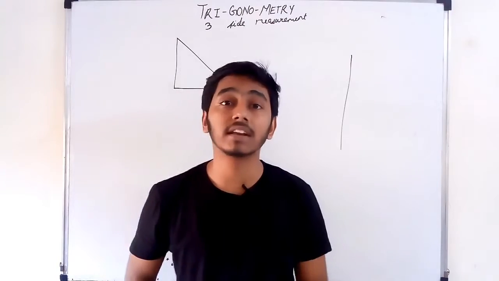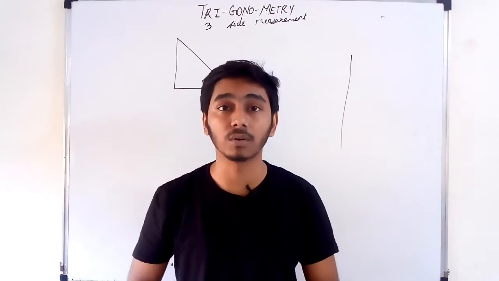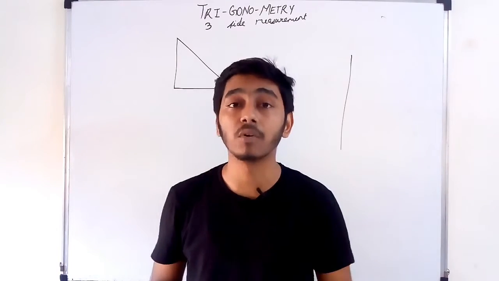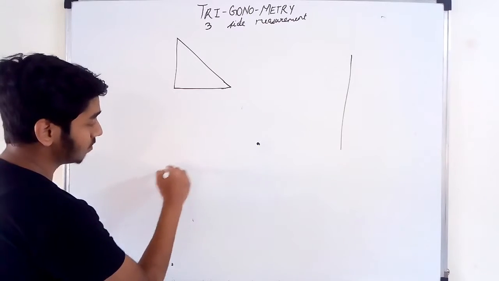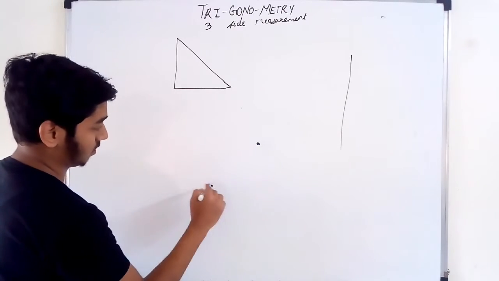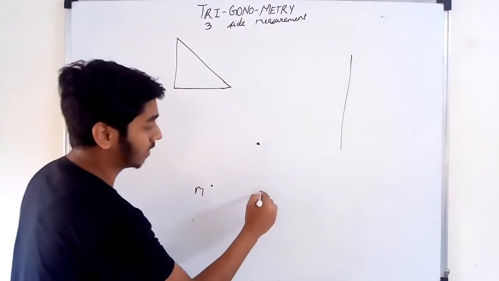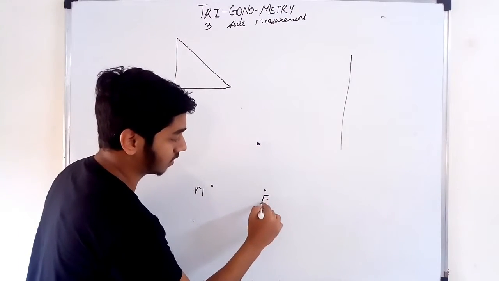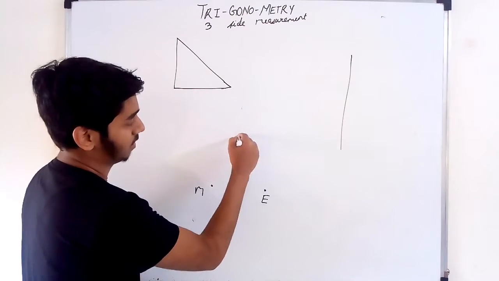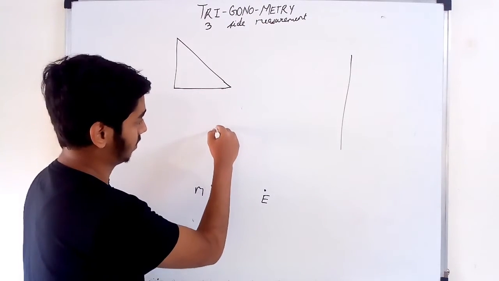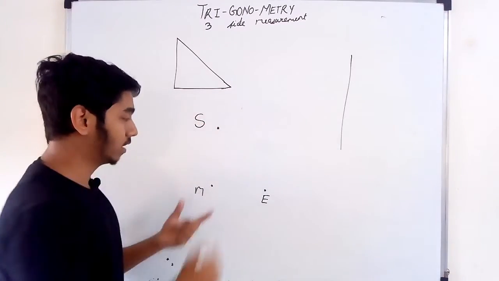Trigonometry has a vast application in real life. Like for example, I'll give you one more example. Let's say there is the moon here, and there is the earth at this position, and the sun is here.